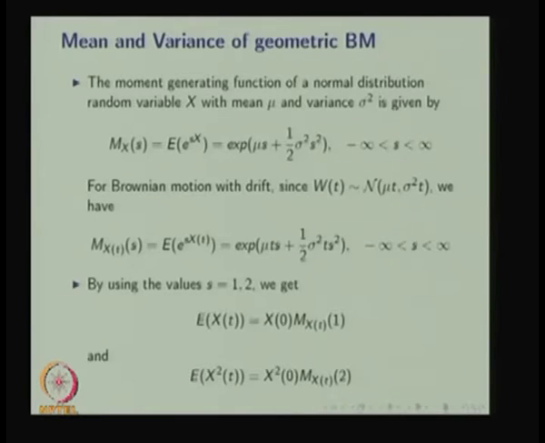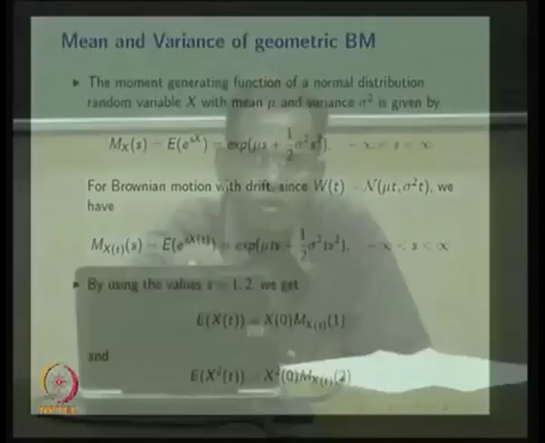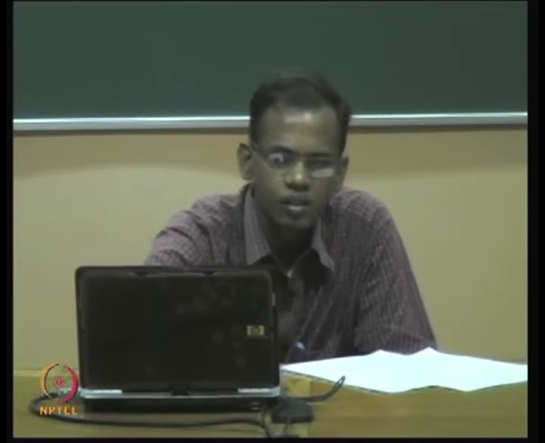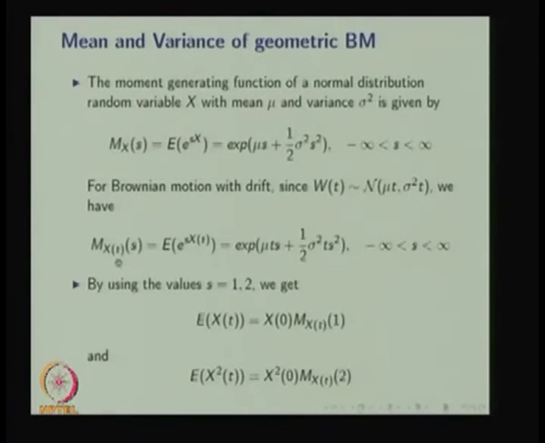Because the geometric Brownian motion and the Brownian motion are connected in the form x of t is equal to x of 0 e power wt, where wt is normally distributed with the mean 0 and the variance t. Hence, I am using the moment generating function as a function of s, that is the expectation of e power s times xt.